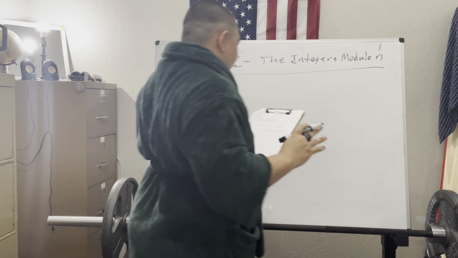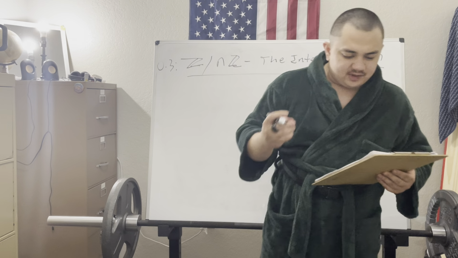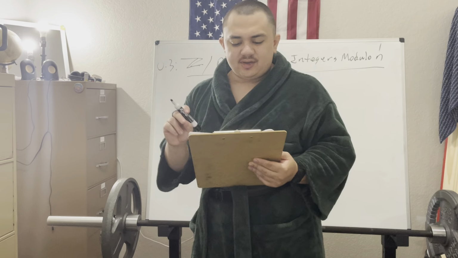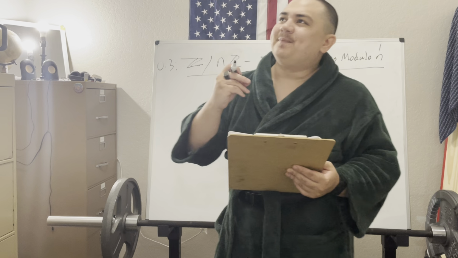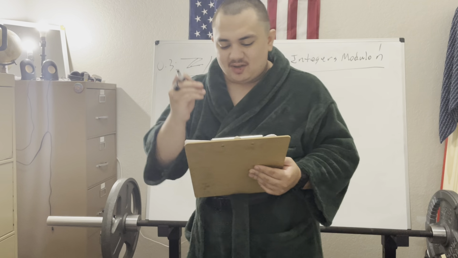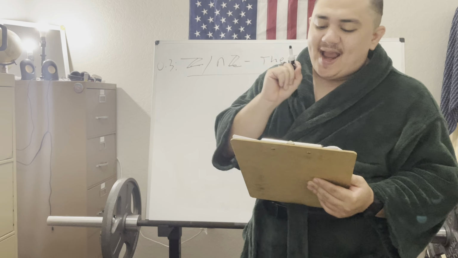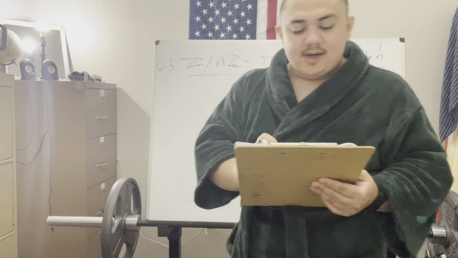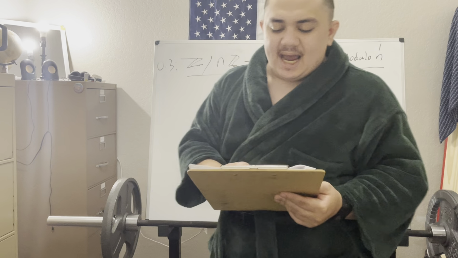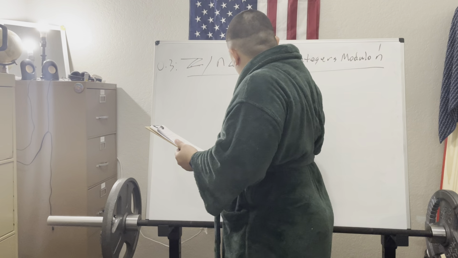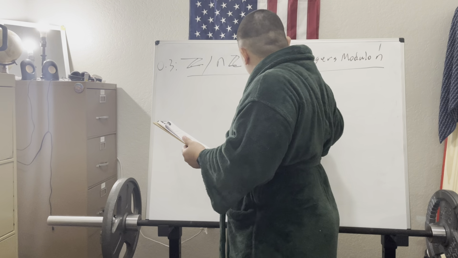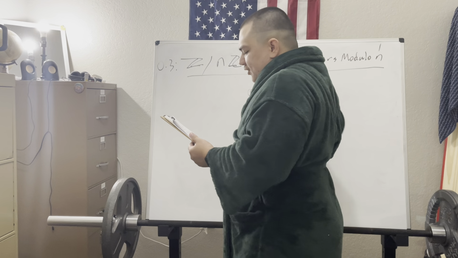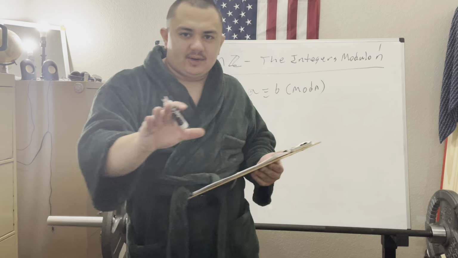Now, historical context: the study of integers modulo n began in earnest with Carl Friedrich Gauss's Disquisitiones Arithmeticae in 1801. Probably butchered the pronunciation. Oh well. Gauss introduced the notation A equal to B mod n, and built a systematic theory of congruences.